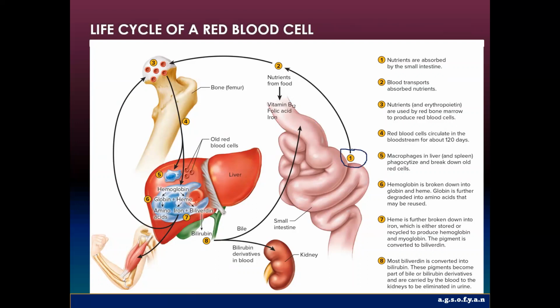Nutrients needed for making red blood cells will be absorbed from the intestine, including vitamin B12, iron, and folic acid. They will be taken from our diet in the small intestine, then carried into our blood. They will be carried to the red bone marrow, and this becomes the resource for making red blood cells. Then the red blood cell will be made and delivered into circulation.